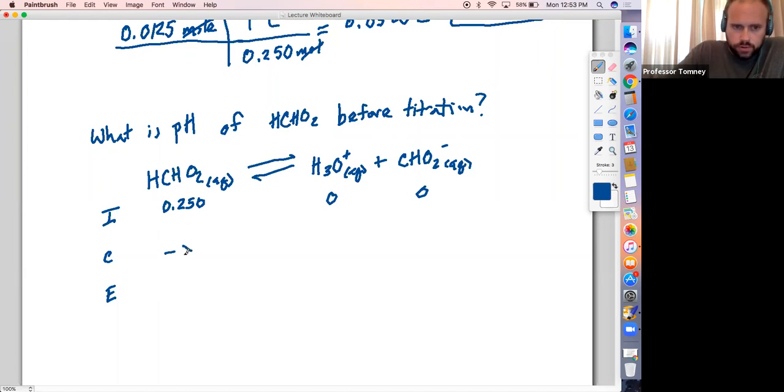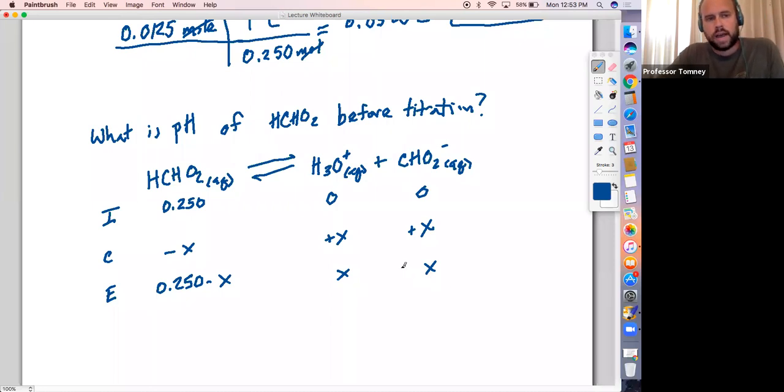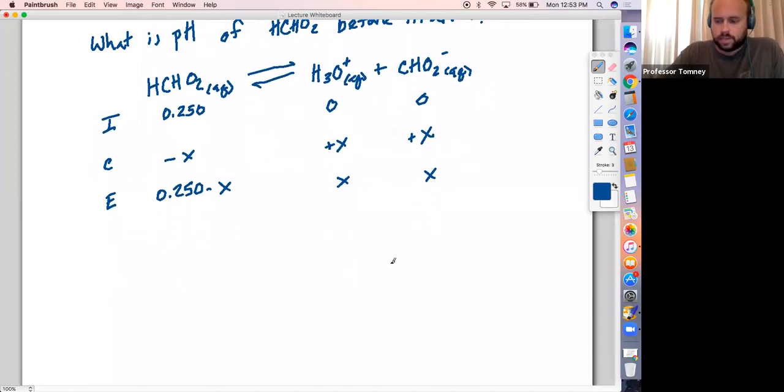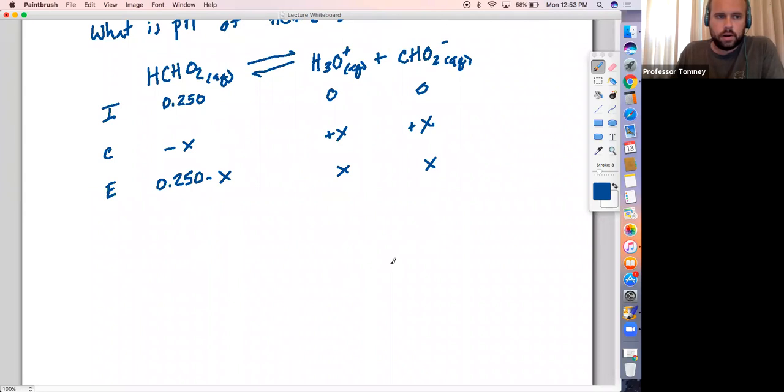So we're going to lose some amount X, gain some amount X, gain some amount X. Then the equilibrium is going to be 0.250 minus X, X, and X. So the two products, we've got two X's. So that's going to be X squared up in the numerator of the expression. Now, what I would need to do at this point is head over to a Ka table and grab the Ka for this compound here.